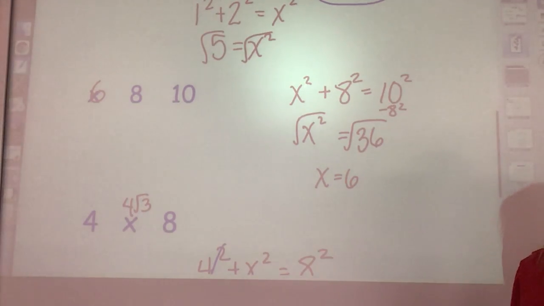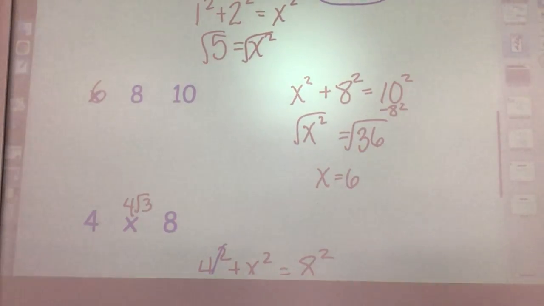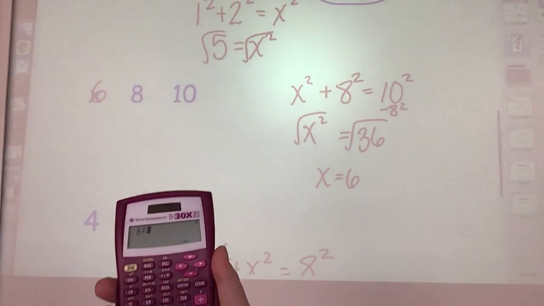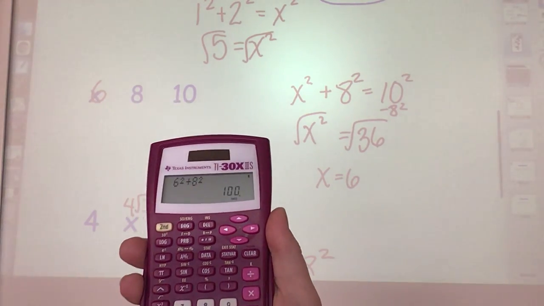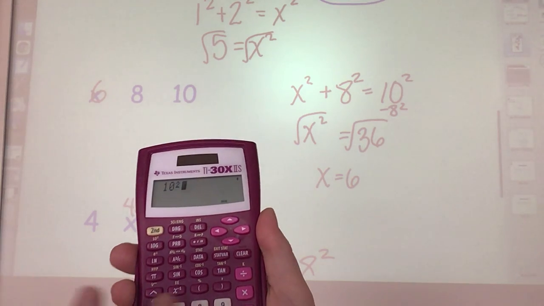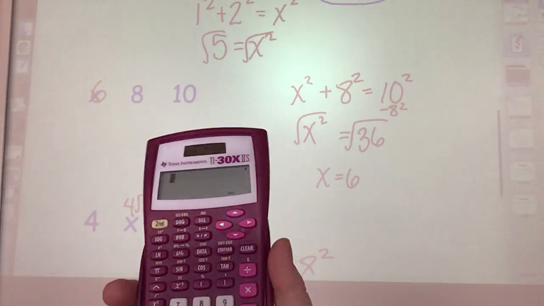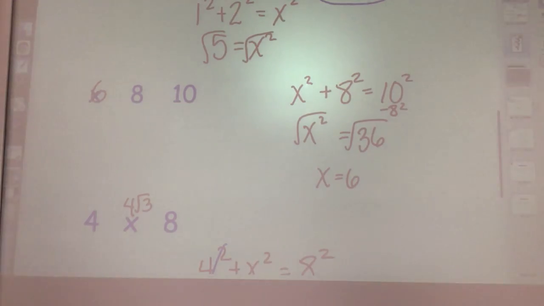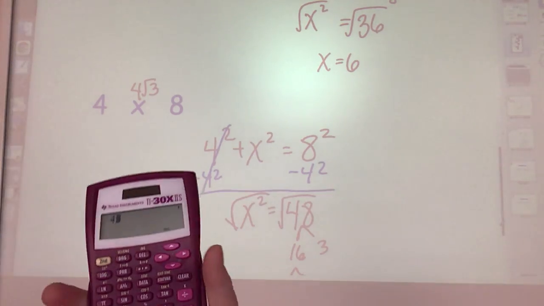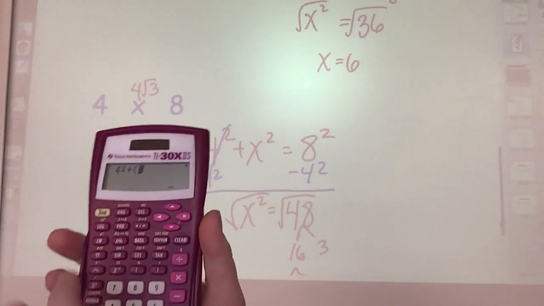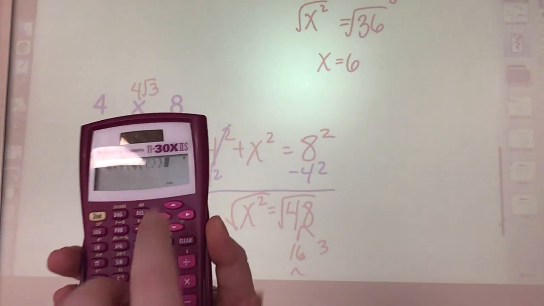If you check your answer, let's work with both of those. If you're checking your answer to see if you got it right, you could take 6 squared plus 8 squared and make sure that you get 100, which is 10 squared. If a squared plus b squared equals c squared, you're fine. Be careful when you check your answer on 4 square root of 3 and 8, that you do 4 squared plus parentheses 4 square root of 3 double parentheses.